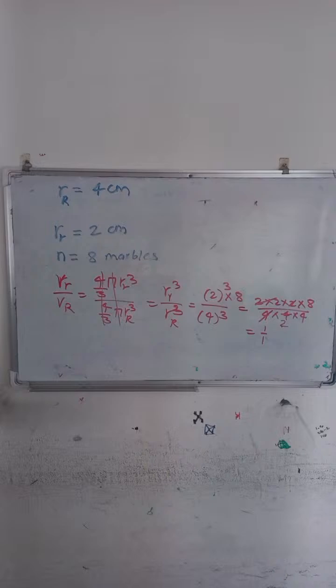If each 1 centimeter square of the surface of the cob carries an average of 4 grains, find how many grains you would find on the entire cob. That we have to find out.